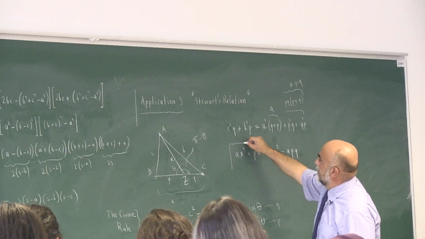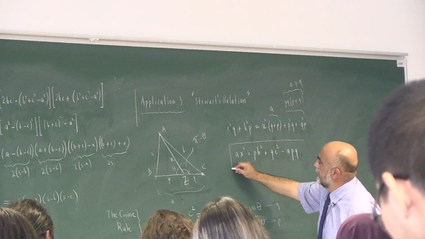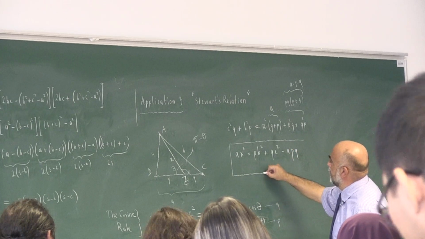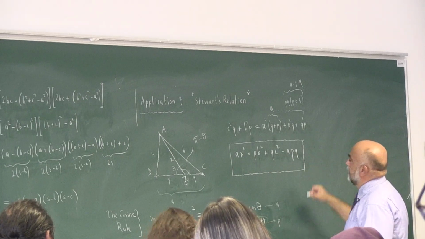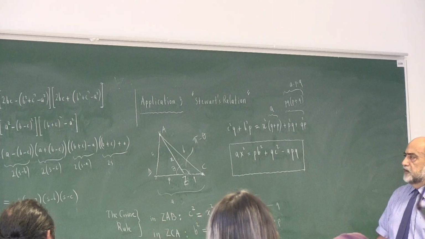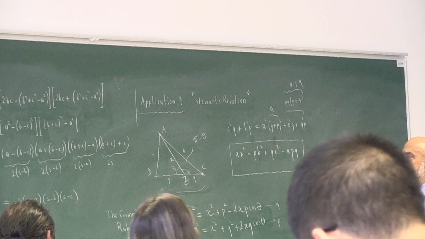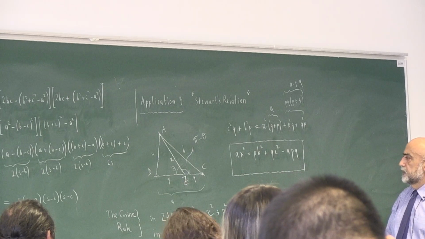This, ladies and gentlemen, is the Stewart relation, which is an excellent handle to problems where you wish to find relations between closely situated distances. That's an excellent thing. So that's Stewart's relation.